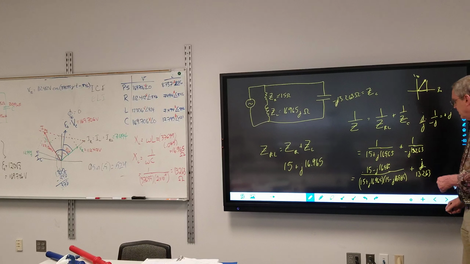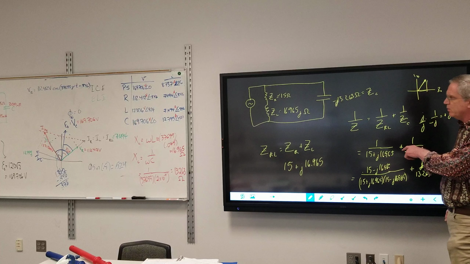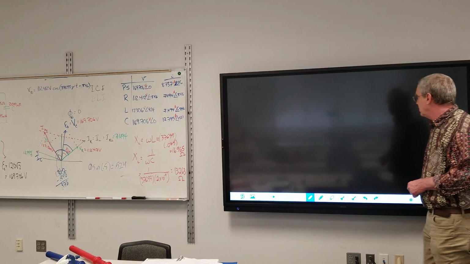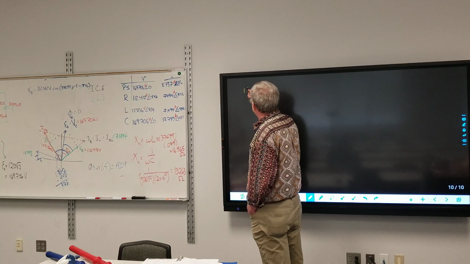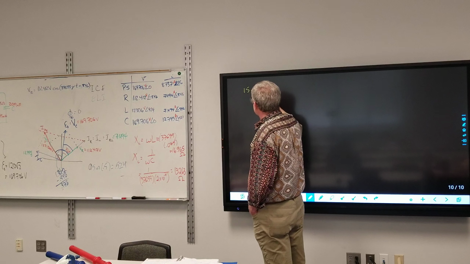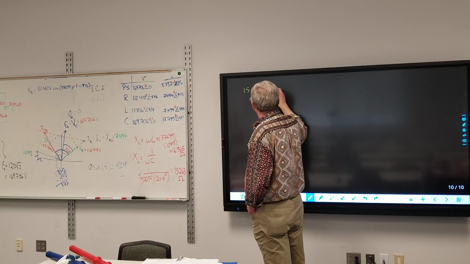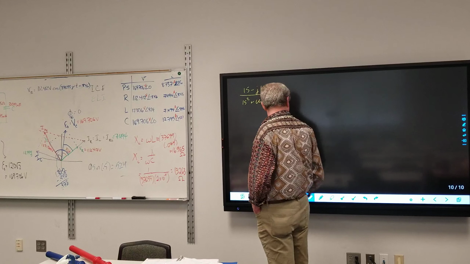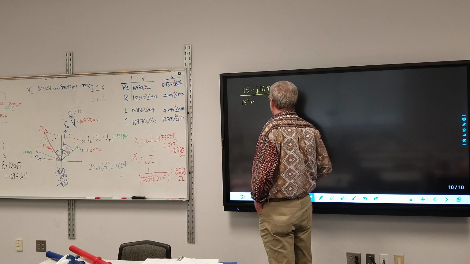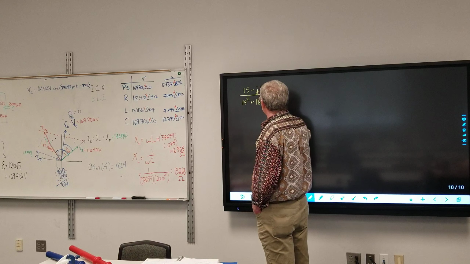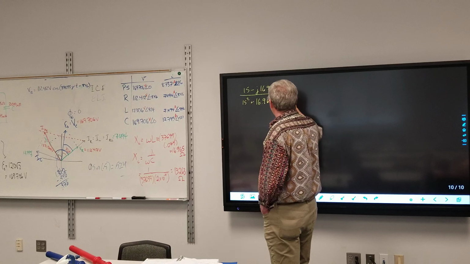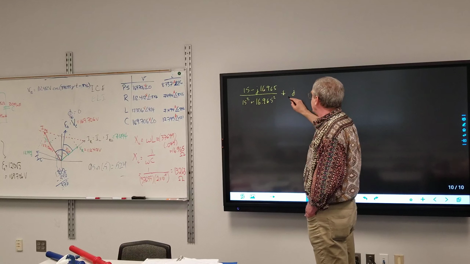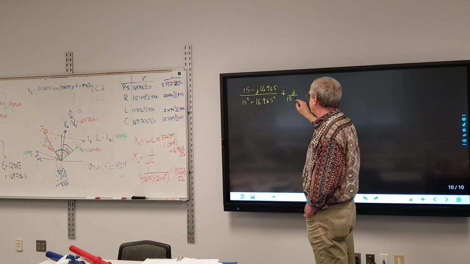All right. I'm gonna pop to the next screen. So I have 15 minus j 16.965 over 15 squared plus 16.965 squared. Need to know where to lift the pen better. Plus j 13.263.